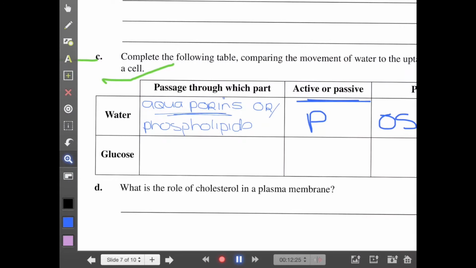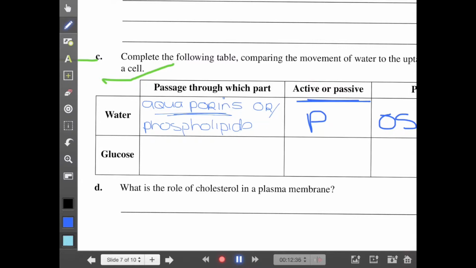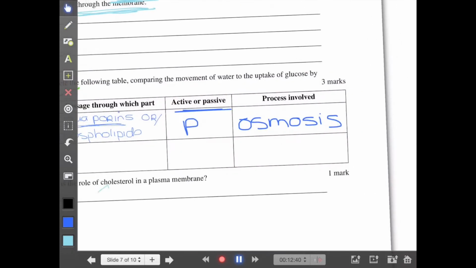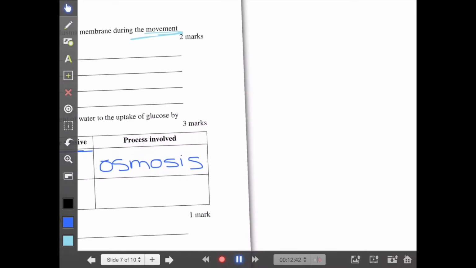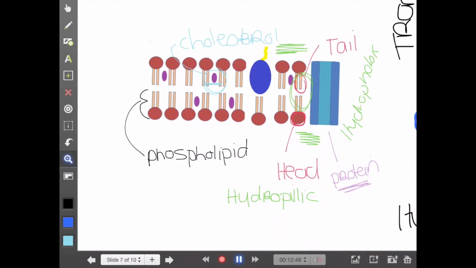Okay, so your glucose then. Remember, glucose is a small molecule when we're looking at carbohydrates, but if you're looking at an overall picture of it, it's quite large. Remember when we were having a look at this diagram here in class, where carbon dioxide and oxygen and water move through.